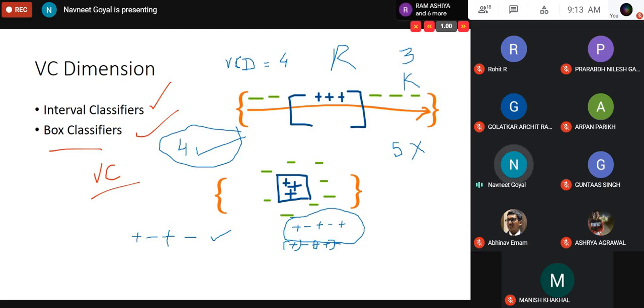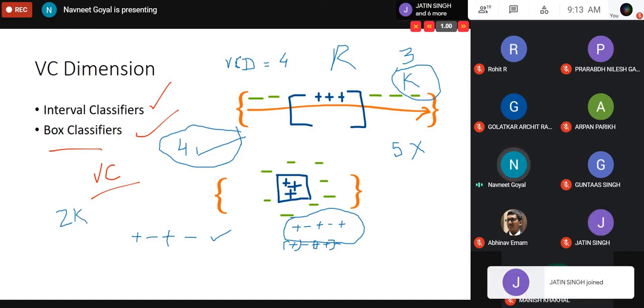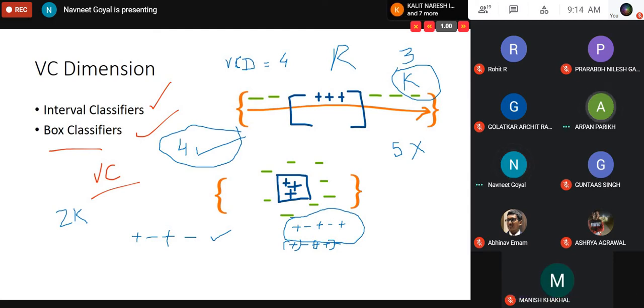So try to think about what you can do with union of k intervals. So how many points can we shatter using this? 2k points, I think. If we go for a lower bound, then 2k.